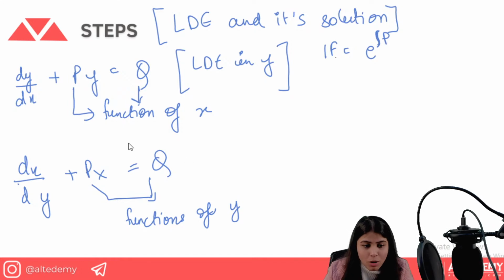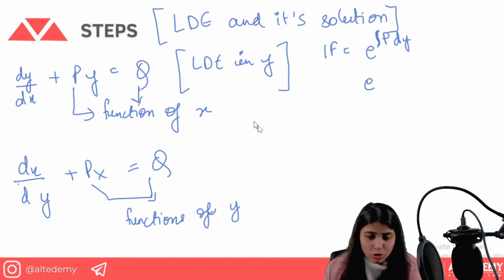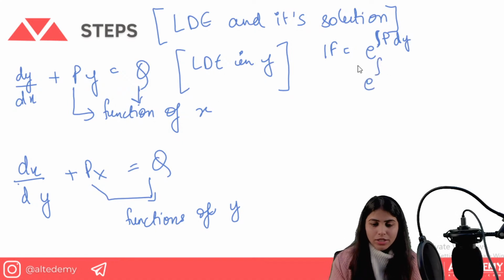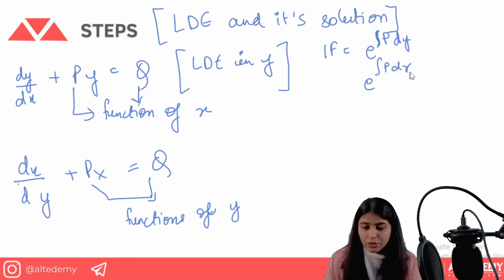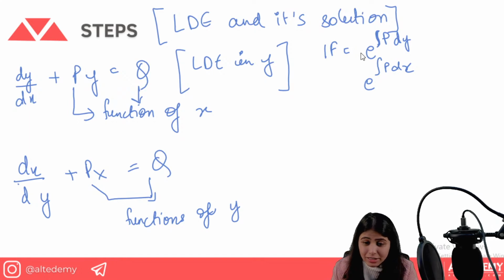It matters whether it is in the form of the dy/dx equation or the x equation. If it is in the first form, then you integrate p with respect to dx, and if it is in the form of this equation, then you integrate in the form of dy. Okay, so these are the major steps.